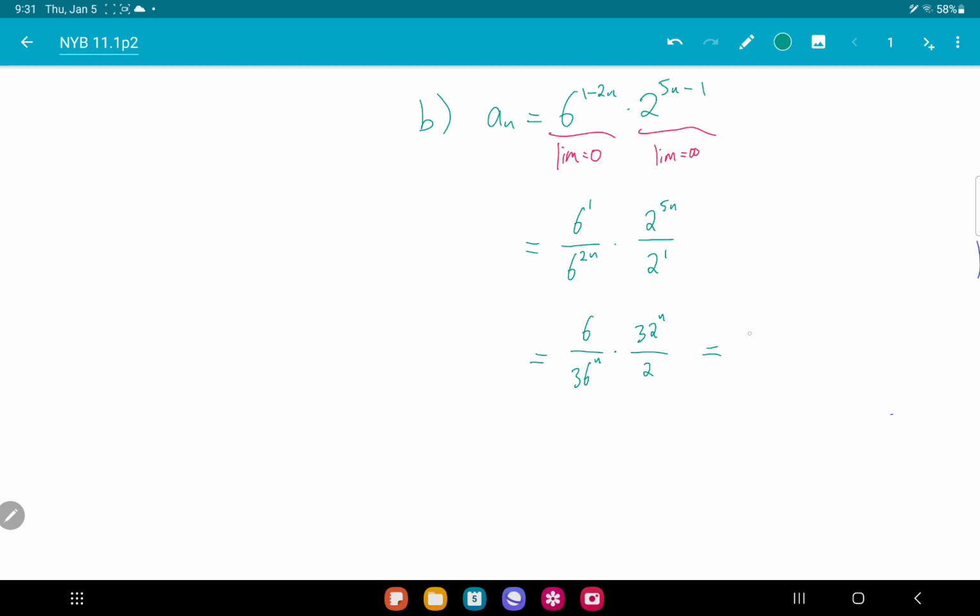Giving me 6 over 2 is 3 times 32 over 36 to the power of n. Let's reduce that fraction. Divide top and bottom by 4. 8 over 9.